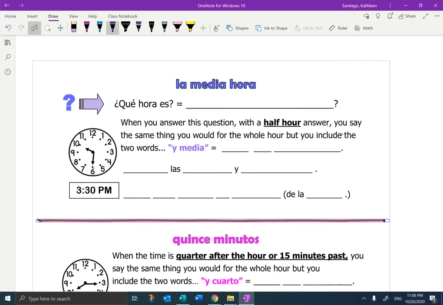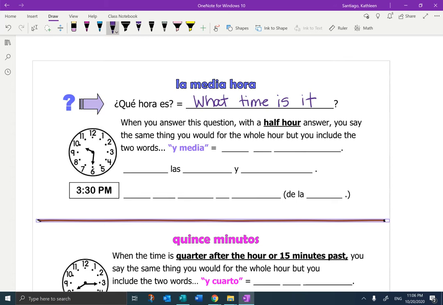Okay, so let's talk about la media hora. Well, we do want to review that really important question, ¿qué hora es? And now you should know that that's asking what time is it? Okay, if you answer this question with a half hour answer, you say the same thing that you would for the whole hour, but then you're going to include two little words, y media.